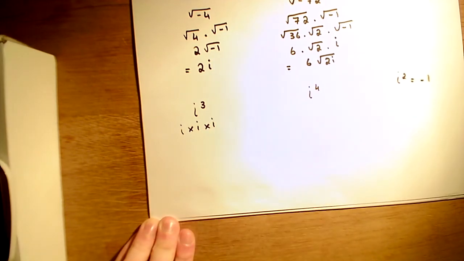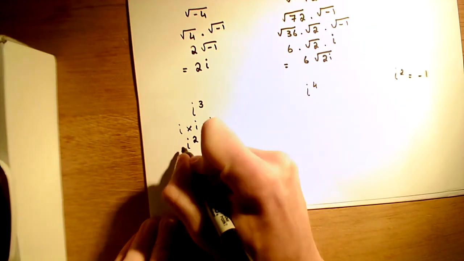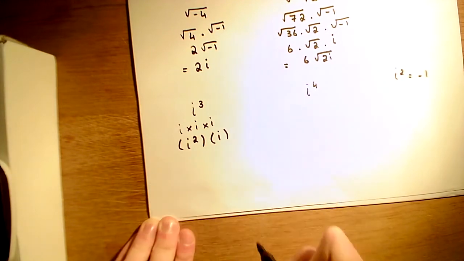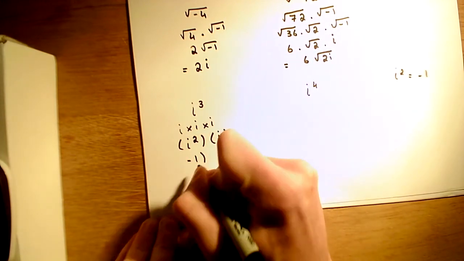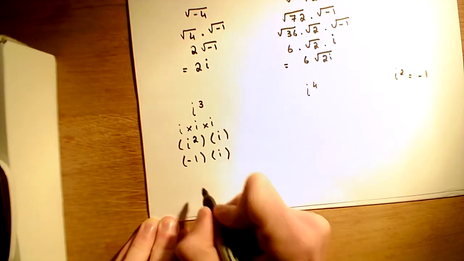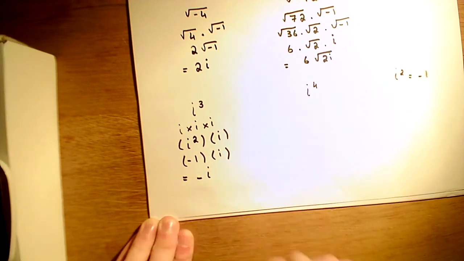Now I'm going to group these together. I know that i by i is i squared, so it's i squared times i. Now i squared is minus 1. Let's substitute that in. So that's minus 1 times i. I can't simplify that any further. So what I have here is minus 1i, or just minus i.